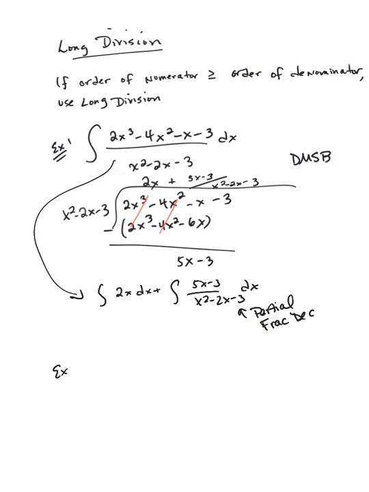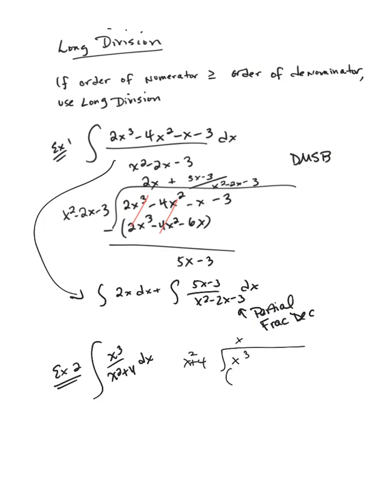So after you do the long division, there may be other techniques that you've previously learned that could be involved. x cubed over x squared plus 4. Okay, so the numerator, the order is higher than the denominator. So I have x cubed divided by x squared plus 4.